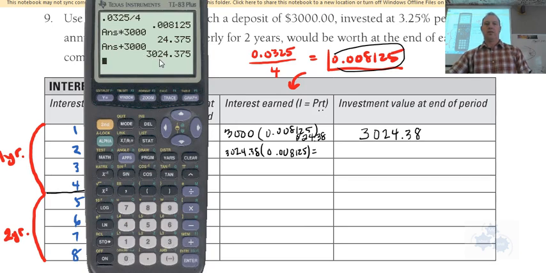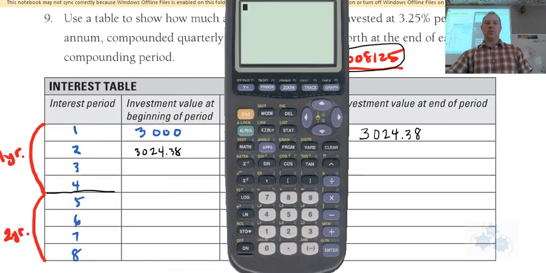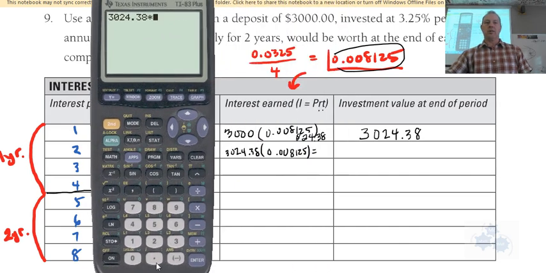Actually, let's use the actual number that's on our chart that we rounded already. So 3024.38 times our number, 0.008125.